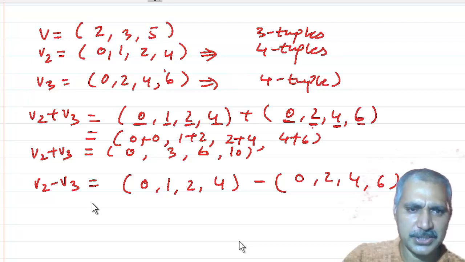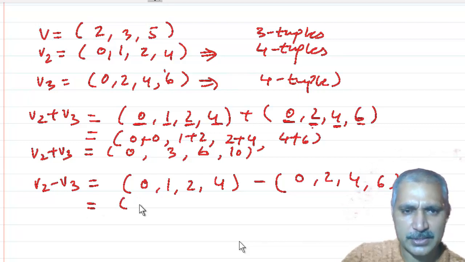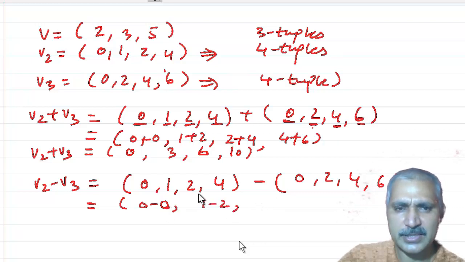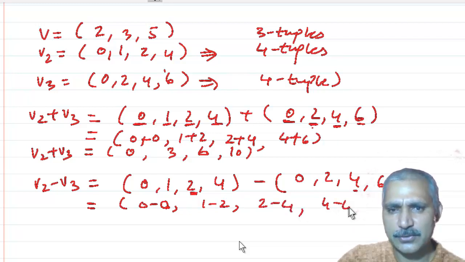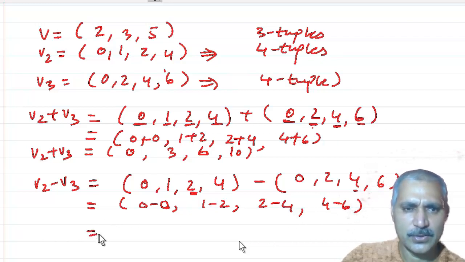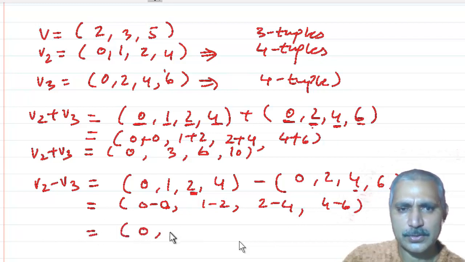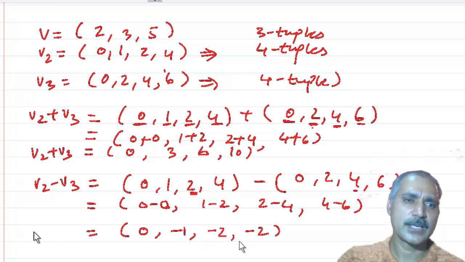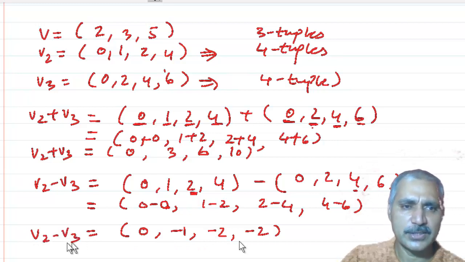As in addition, in subtraction the first element is subtracted from the first: 0 minus 0, 1 minus 2 for the second, 2 minus 4 for the third, and the last with the last, 4 minus 6. So it is 0, 1 minus 2 is minus 1, 2 minus 4 is minus 2, 4 minus 6 is minus 2. This is the answer for v2 minus v3.